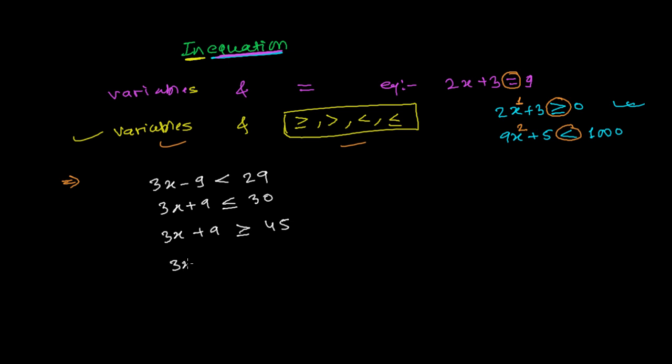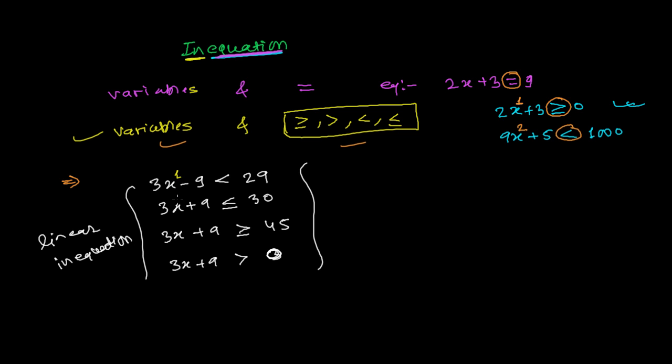Similarly, 3x plus 9 is greater than 0. These are just examples of different types. These are linear inequations, because the highest power of the variable is always 1 here.